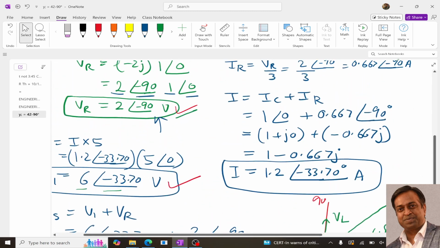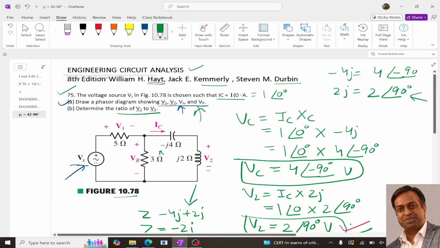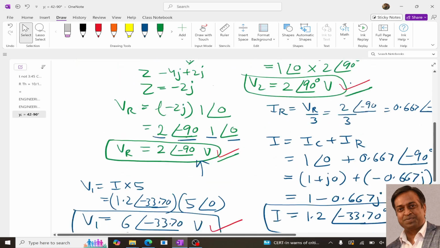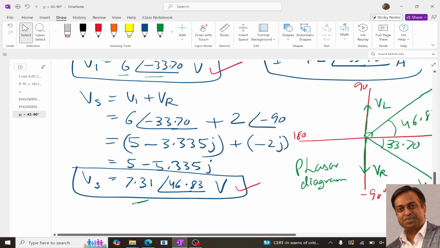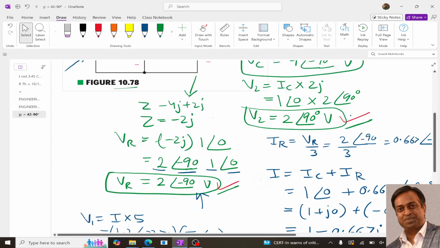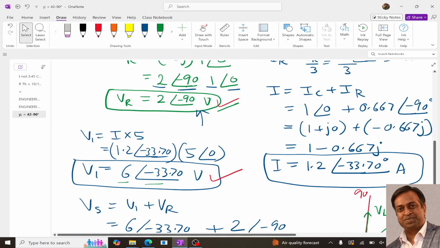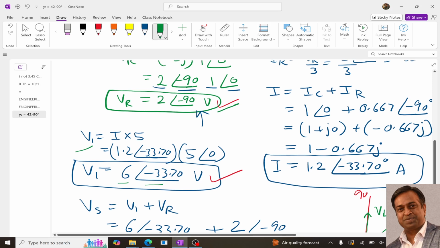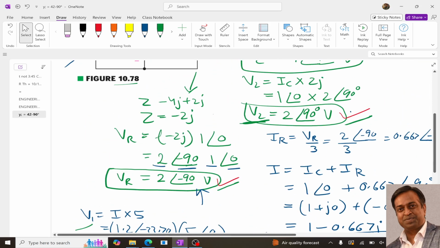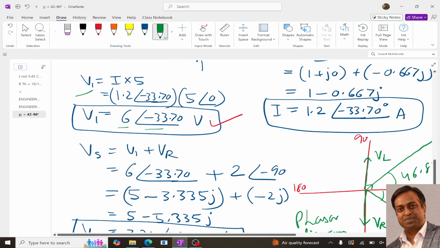Now the second part of the question says that we need to determine the ratio of V2 upon V1. So what is V2? Sorry, this is V2, not VL.